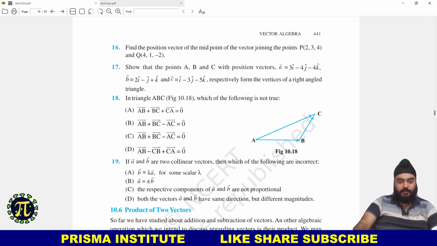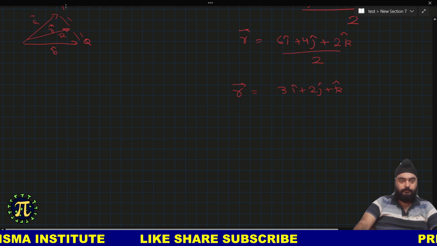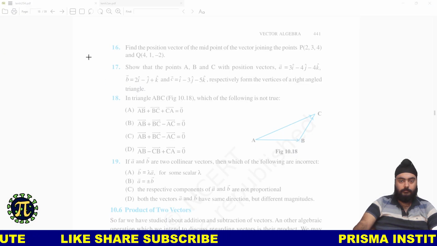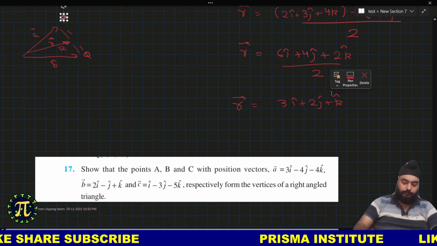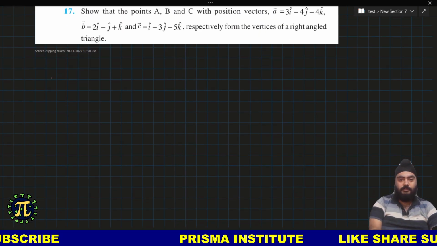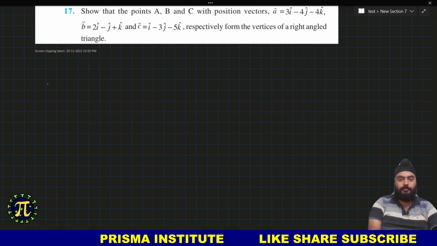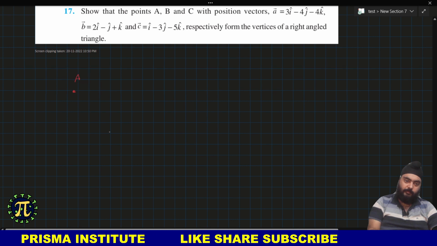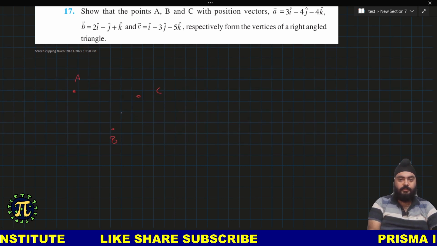So we have to prove that these form a right angle triangle. Show that ABC forms the right angle triangle. Position vectors are given, right? So this is point A, point B and C, and position vectors are given.